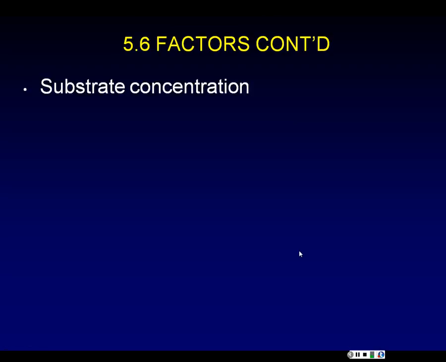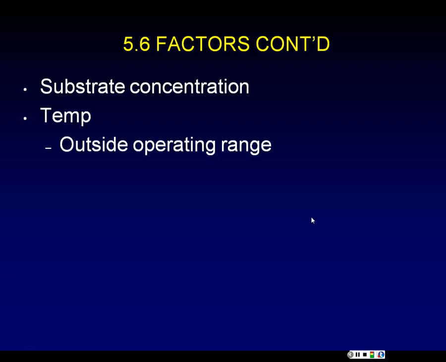Yes, we're talking about factors that affect how an enzyme would actually perform. And we had talked about how when we either boil something or freeze something, that particular enzyme is outside of its operating temperature, and we said that what would happen to it?